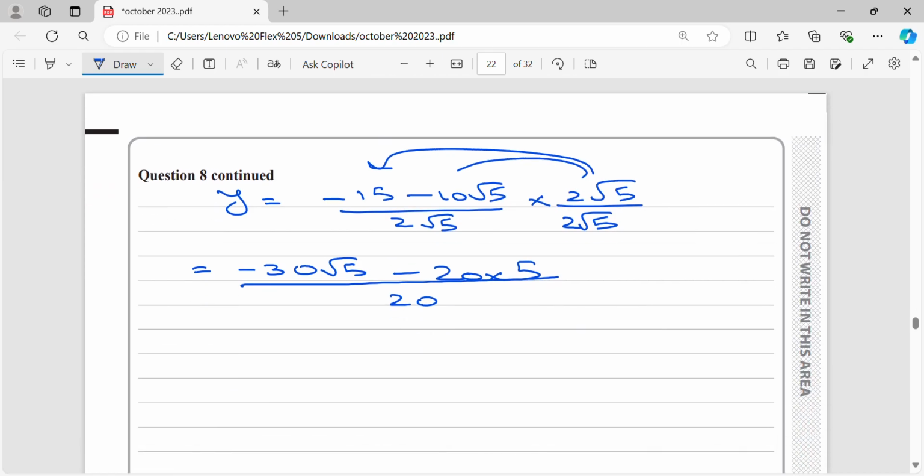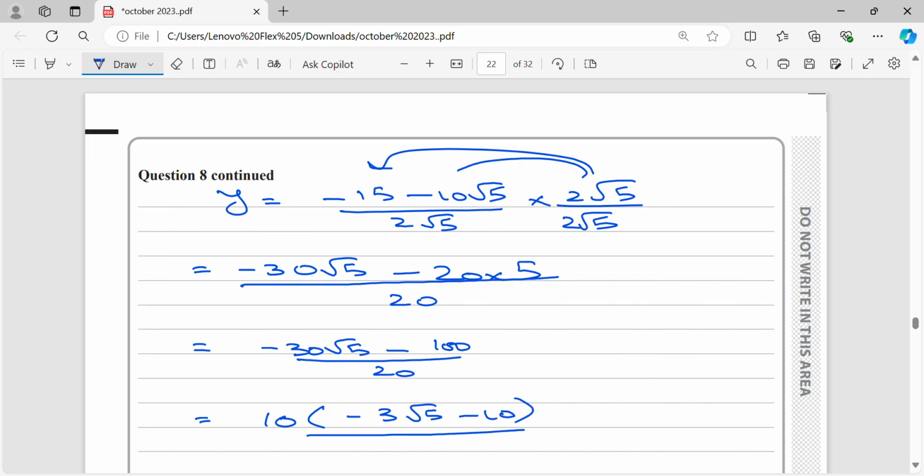Okay. So negative 30 root 5 negative 100 over 20. Take 20 common. No, not 20 because there is 30. So I can take 10 common here. So minus 3 root 5 minus 10 over 20.